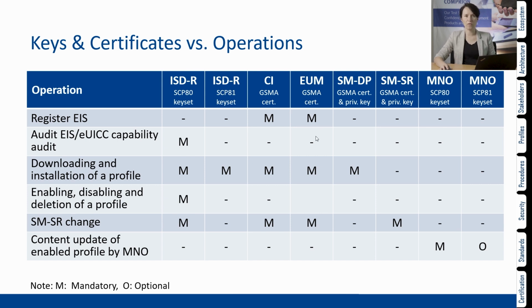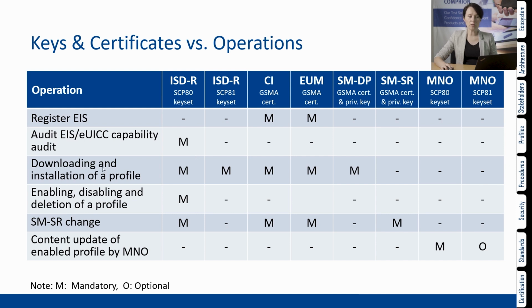This will be verified, as you remember, by the SMSR. For the auditing of the EUICC information set, also the EUICC capability audit, the SCP-80 key set is required, is mandatory.